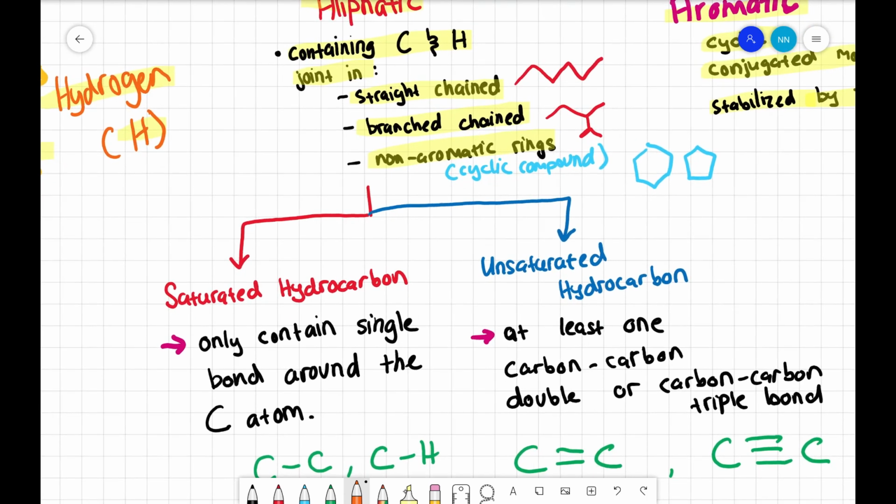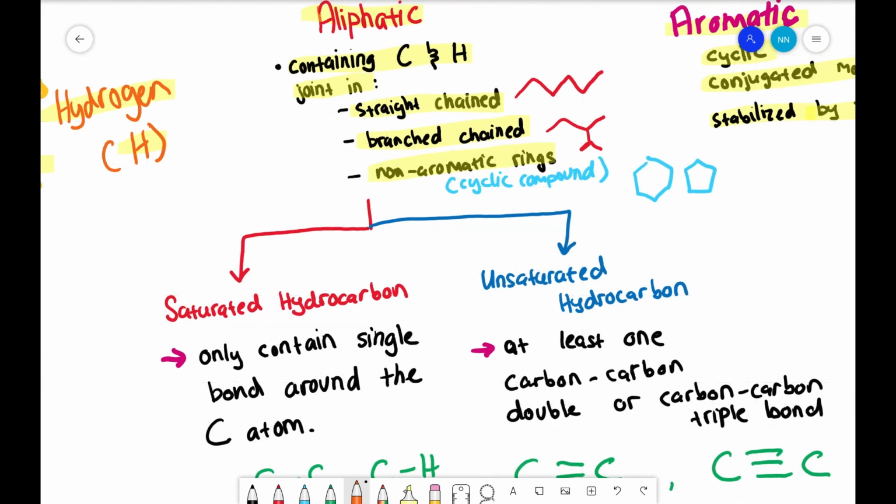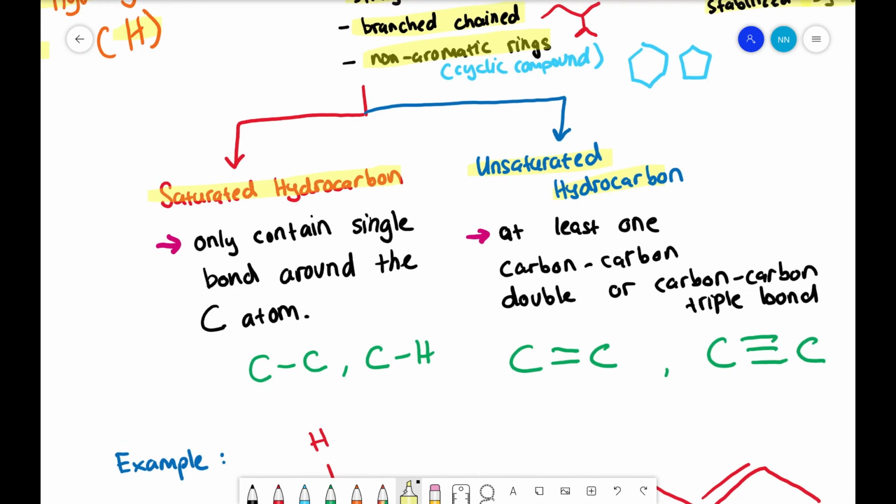Next, aliphatic can be further categorized into 2 categories, which are saturated hydrocarbon and unsaturated hydrocarbon. Saturated hydrocarbons are basically aliphatic hydrocarbons that only contain a single bond around the carbon atom.